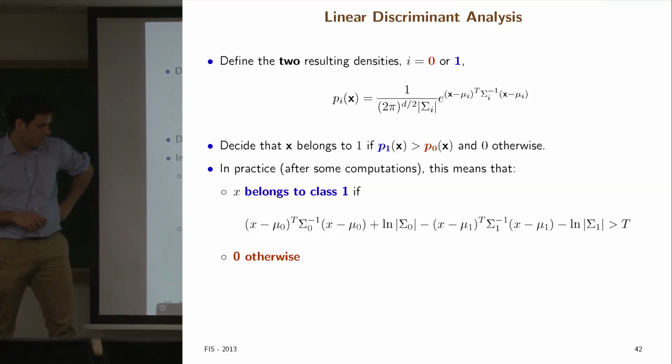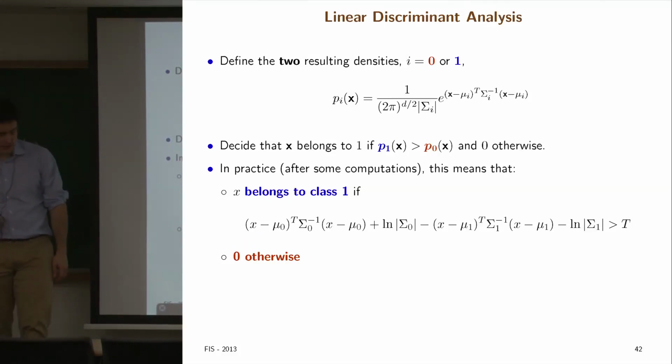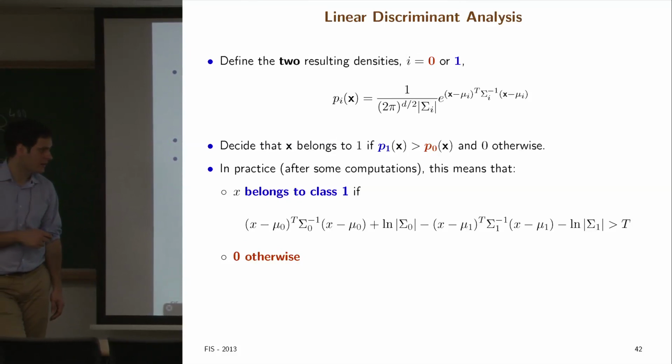So you have the determinants of the covariance matrices which appear, you have those products, etc. And then you will say that it's 0 if this is smaller than T. Sorry, I didn't write it: T is some constant which appears by stacking a few computations.